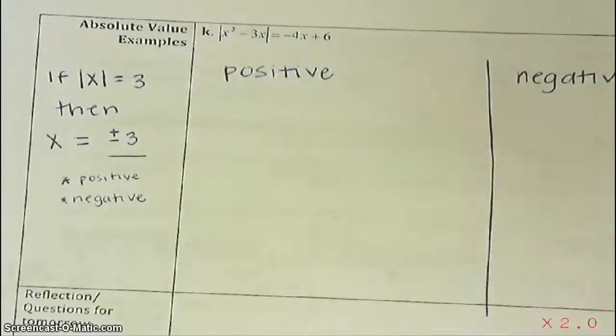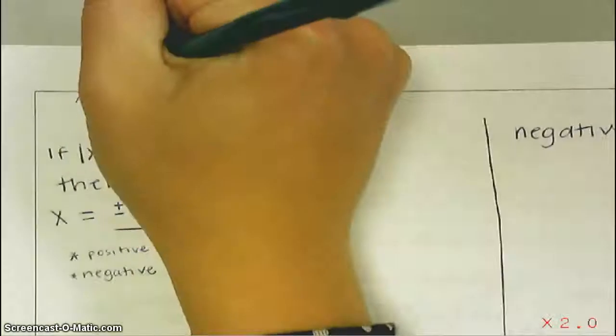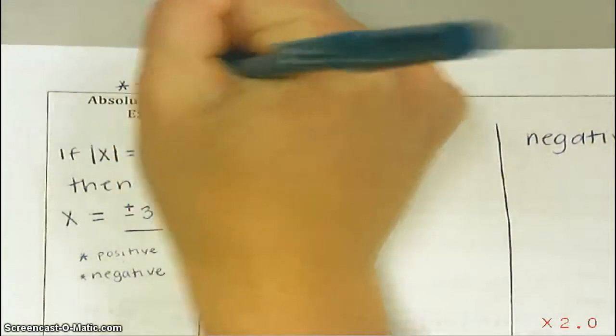Don't worry, I didn't give you a lot of these on the homework just because they take up some time. So what you might need to note is either this positive, negative, or for absolute value, you're going to set up 2 equations.